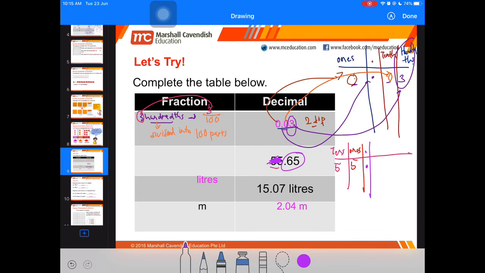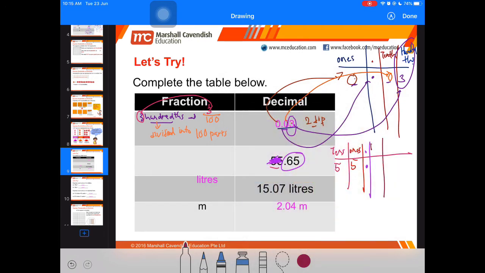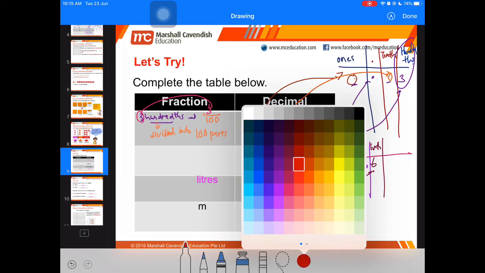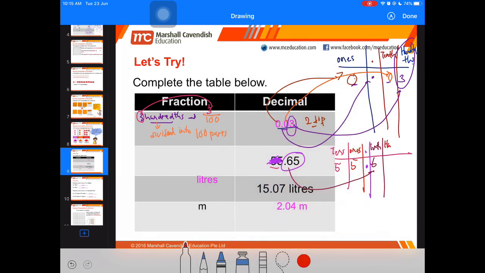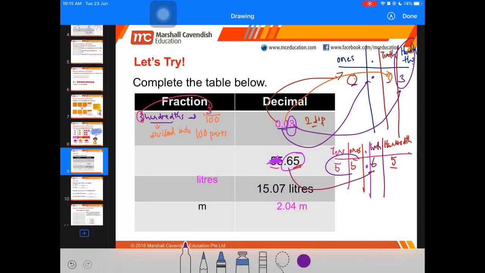0.65. The next place value is tenth. I'm going to squeeze a bit. So 6 is here. Got it? Followed by the hundredth. Okay, got it? So the 5. So now I'm going to write down the whole number first. So this is definitely more than 1 because 5 ones. A lot of students forget this one.